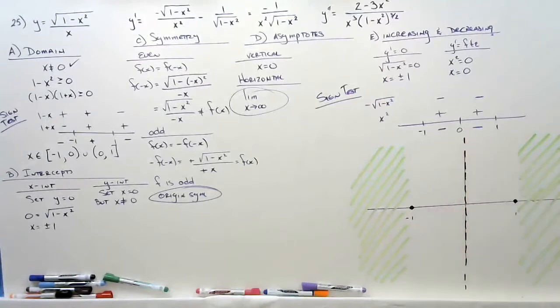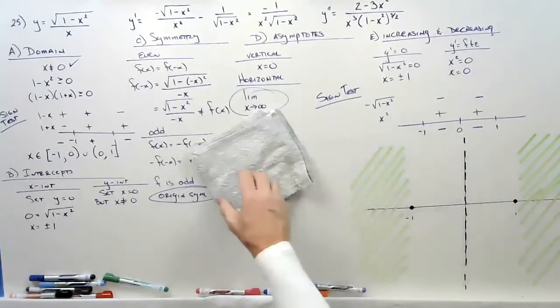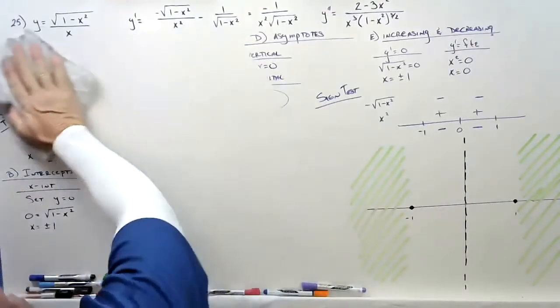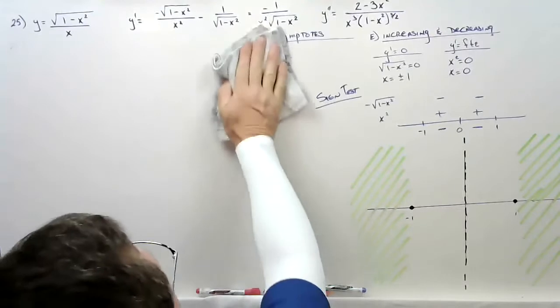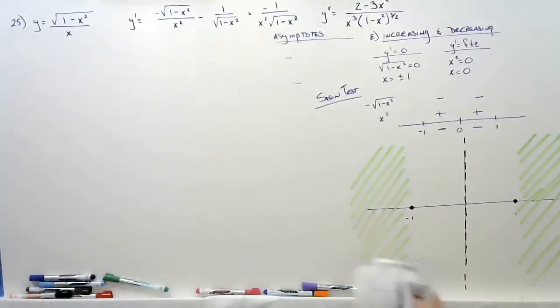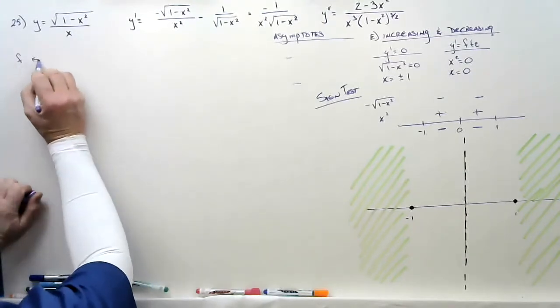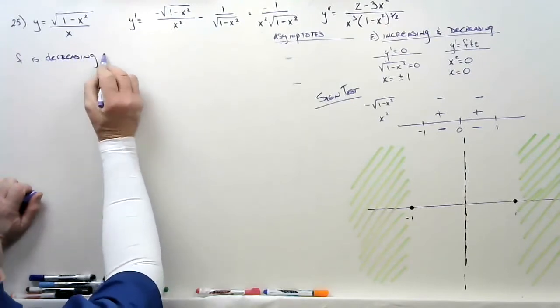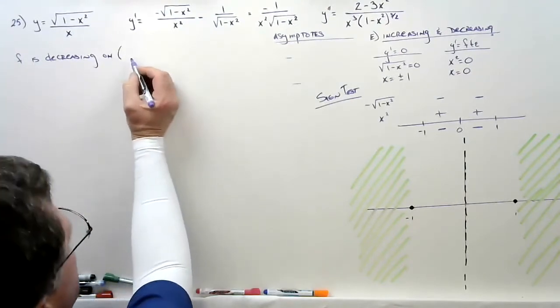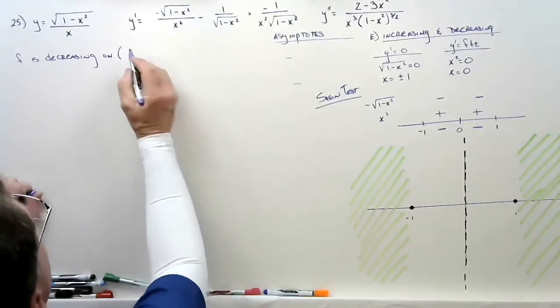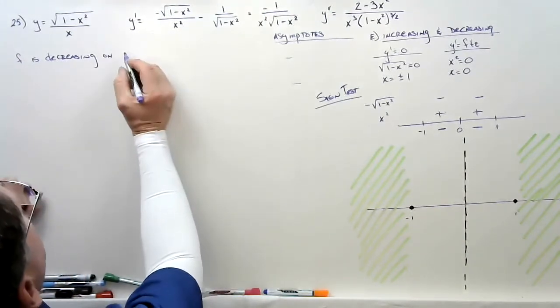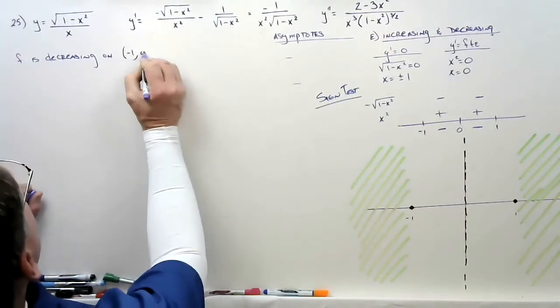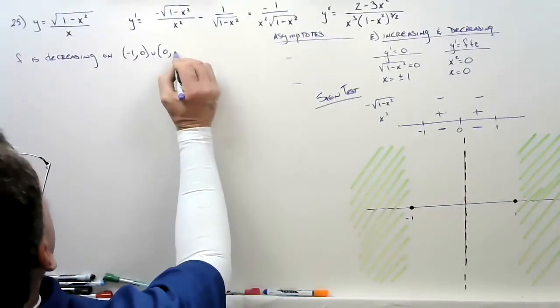That's what that means. And just like on the last problem I did on this video, we have to make sure we write it down very, very carefully. We have to say f is decreasing on, well, let's go back to it, -1 to 0, union 0 to 1, right?